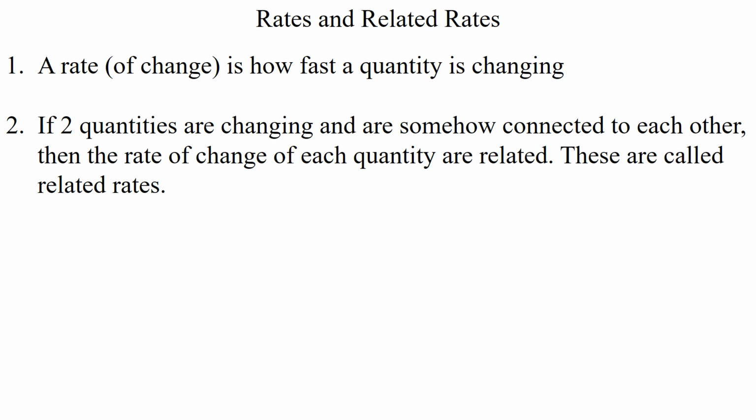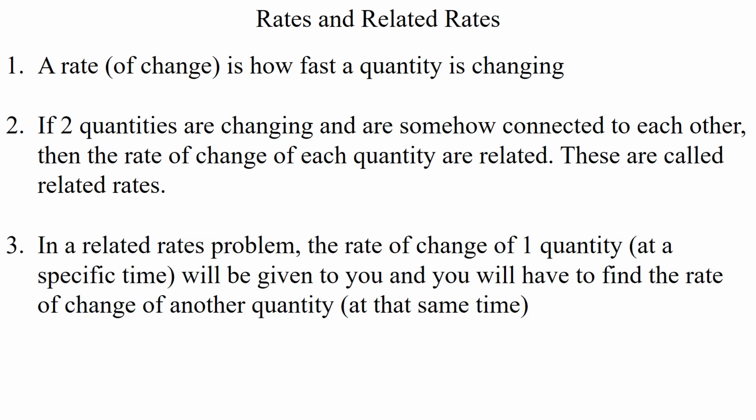In other words, what's going to happen in a related rate problem is I'm going to tell you how fast one quantity is changing. So the rate of change of one quantity at a specific time, that's important. It has to be at a specific time because remember, at different times, these quantities can change at different speeds.